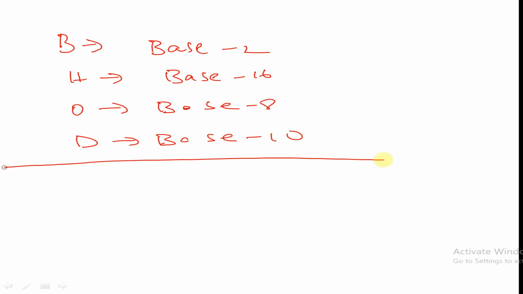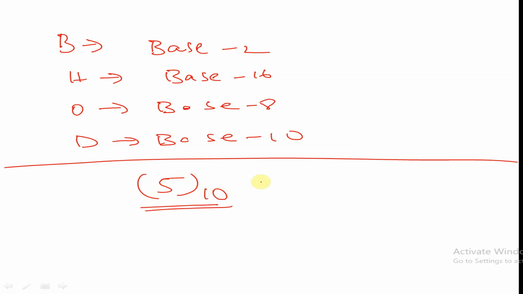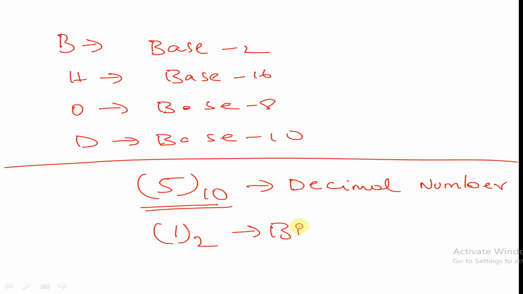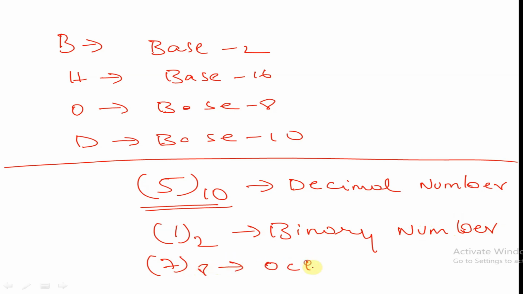So if we have the number 5 to the base 10, it is a decimal number. 1 to the base 2 is a binary number. 7 to the base 8 is an octal number.